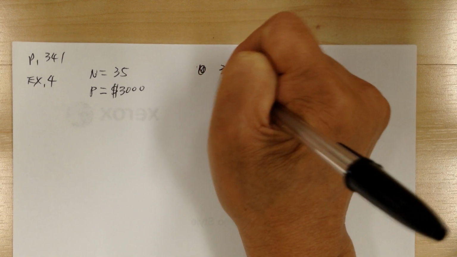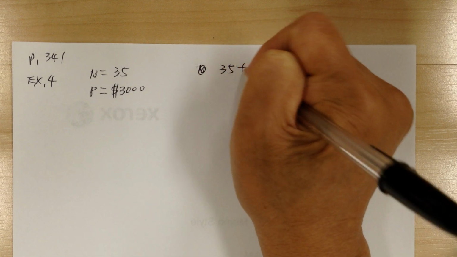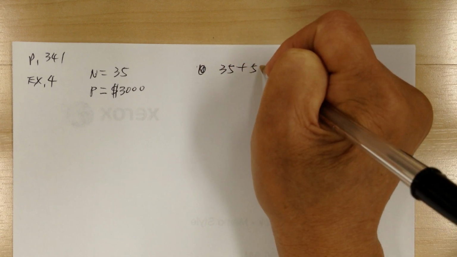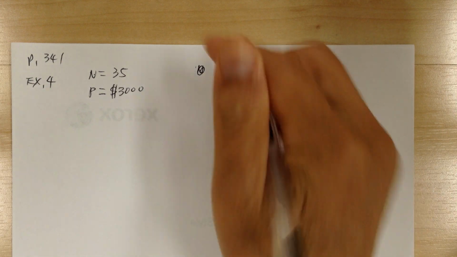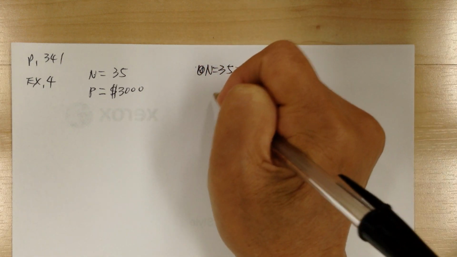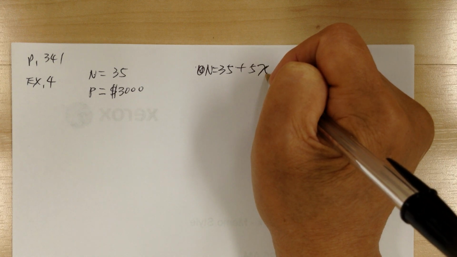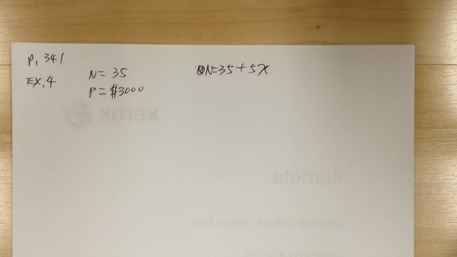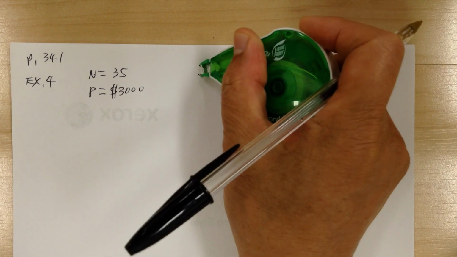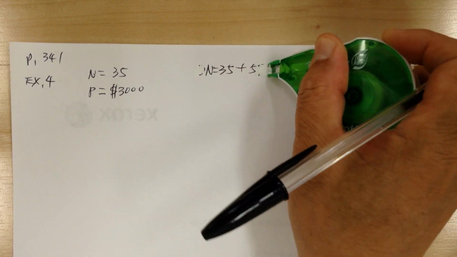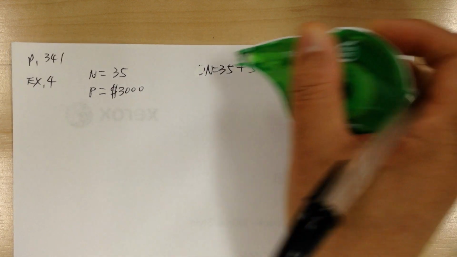So you're going to get 35 plus 5 times how many times the increase. And so x is how many times it increases. So every change, we're going to use d as the change.